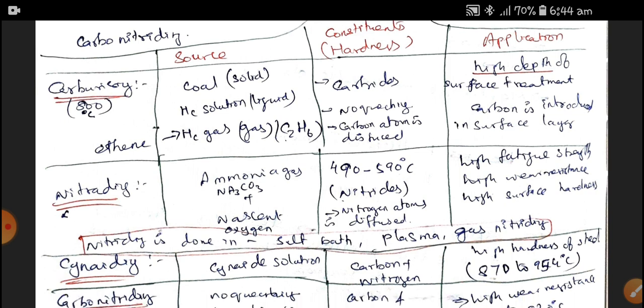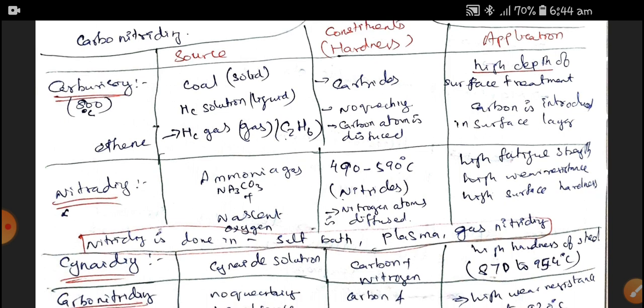In the nitriding process, we are using ammonia gas, Na3CO3 plus nascent oxygen. The material is heated up to 490 to 590 degrees Celsius and dipped into the ammonia and nascent oxygen solution, and nitrates are formed.